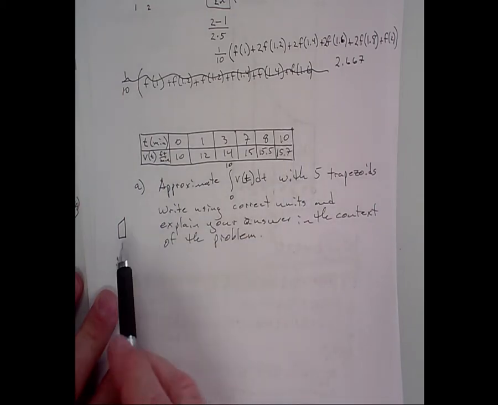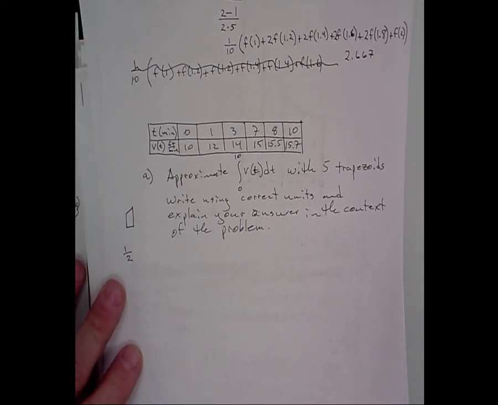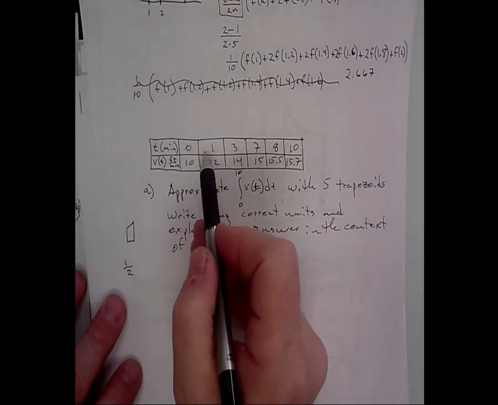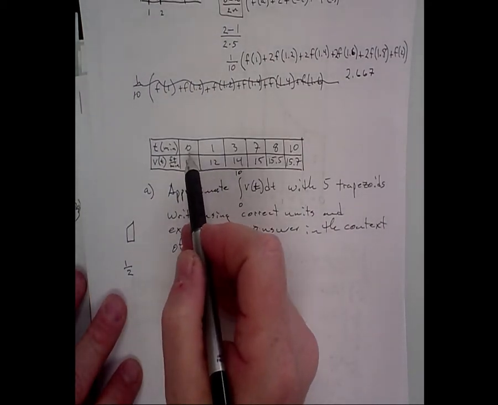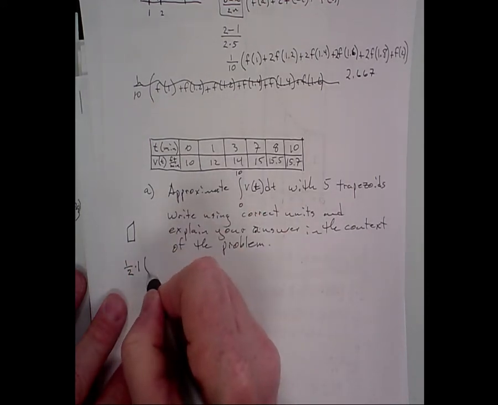So if my trapezoid looks like this, what's my height of my trapezoid? If this is my height right here. Yes? It's like 1 minus 0 and 3 minus 1. It's 1, right? Oh, for the first one. Isn't it 1 for the first one? So I'm going to write down 1 times.